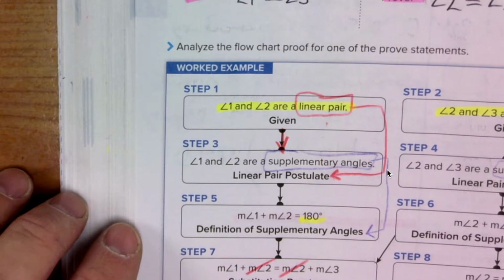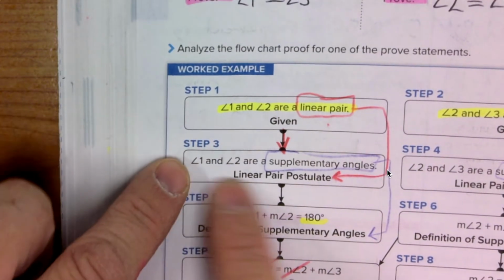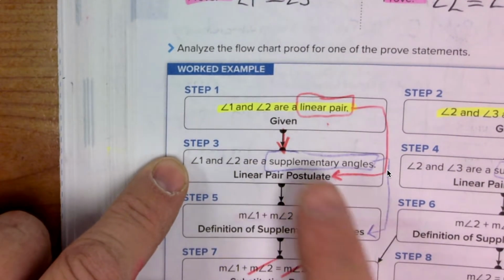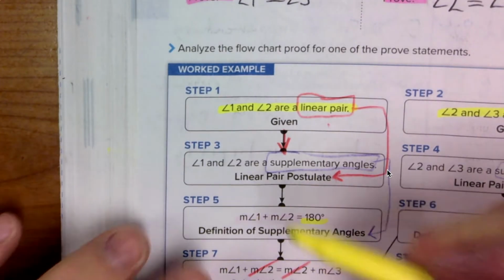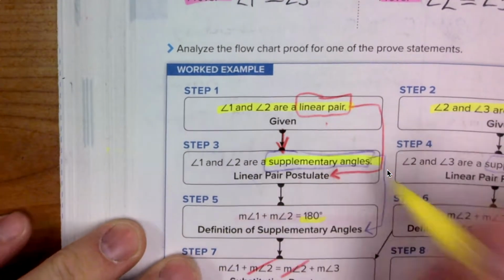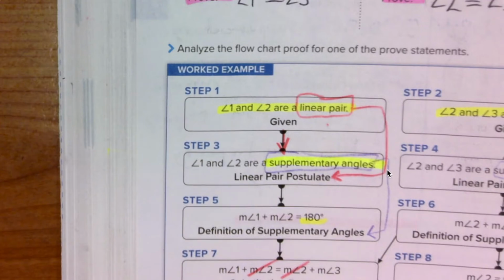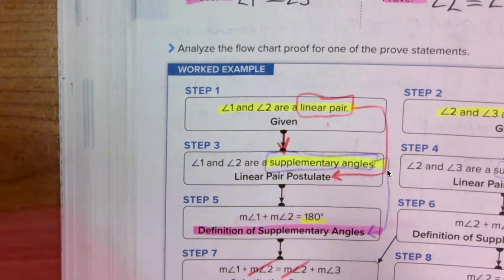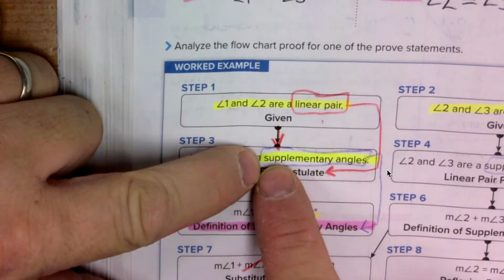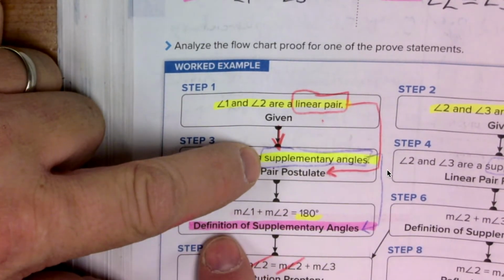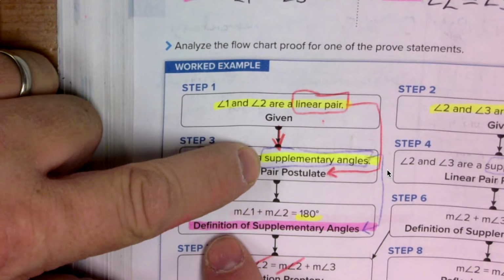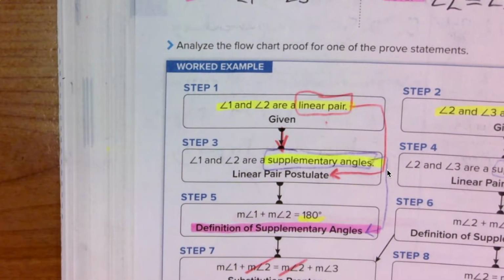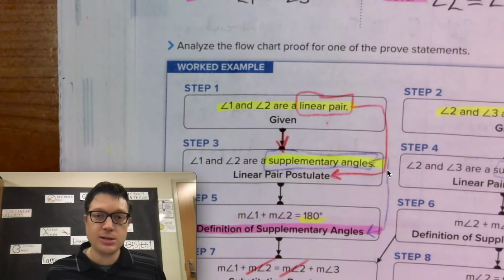Actually, no. You have to have step 3 first to create supplementary angles as an observation that then turns into the definition in the following step. In a proof, supplementary angles as a statement turn into the next reason. You have to do something with that statement, right?